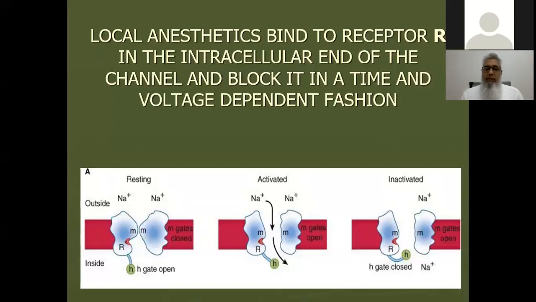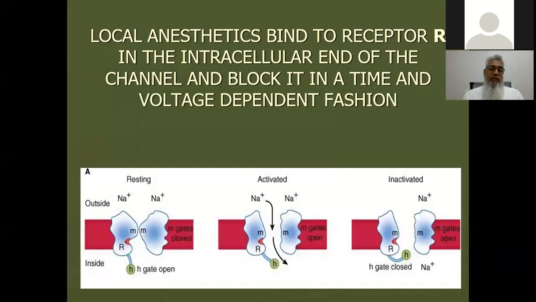The pKa is very important for the onset of action of these local anesthetics. The pKa is the pH at which the non-ionized and the ionized form of the drug is equal. For penetration into the cell membrane, the non-ionized form is required.